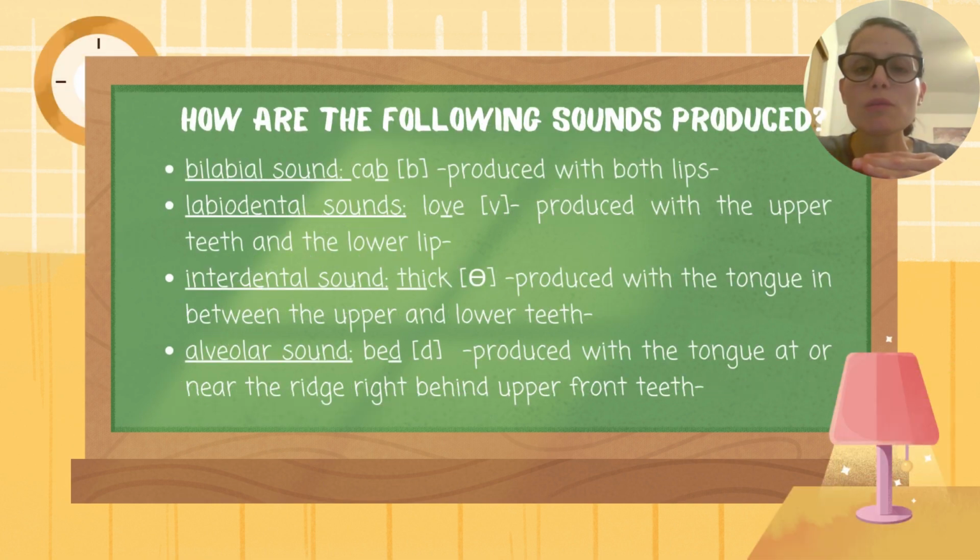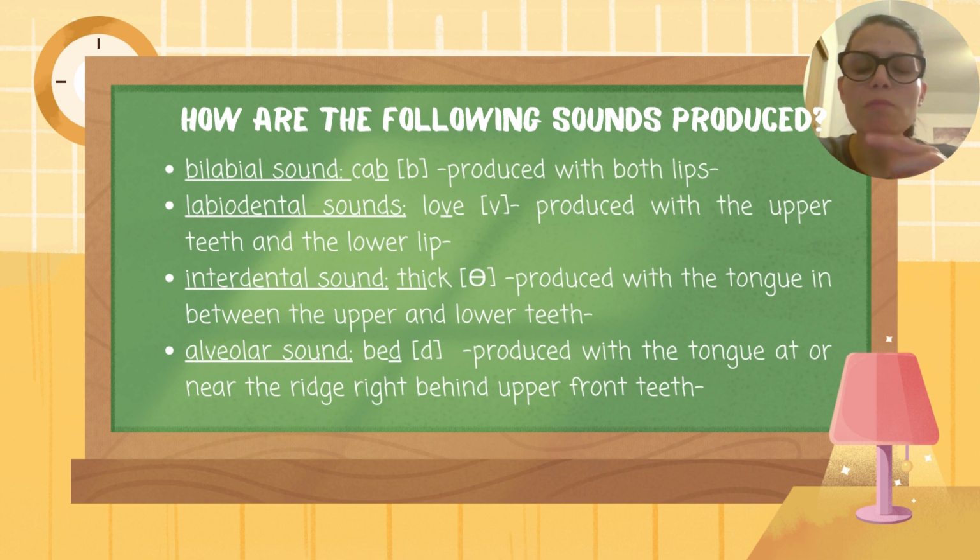Now let's go deeper into the different sounds produced depending on the place of articulation. So the first one is the bilabial sound. In the word cab, the sound b is a bilabial sound because it's produced with both lips.